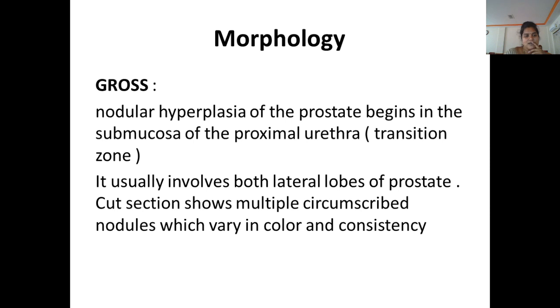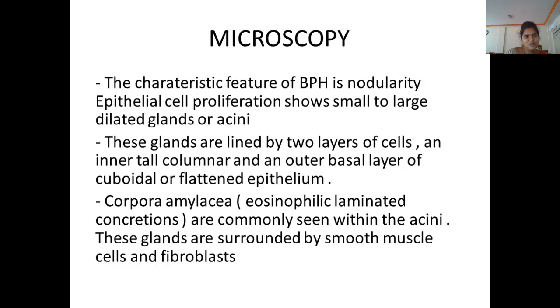It may start in the submucosa and involve both lobes, and the cut section shows multiple nodules varying in color and size. These gland cells are lined by 2 layers of cells: tall columnar cells, and outside them an outer basal layer of cuboidal cells. Within the gland or acini there is eosinophilic lamination. The gland is surrounded by smooth muscle cells and fibroblasts.